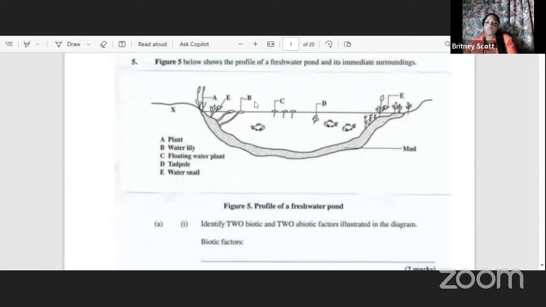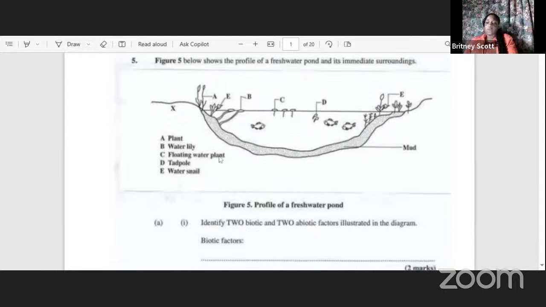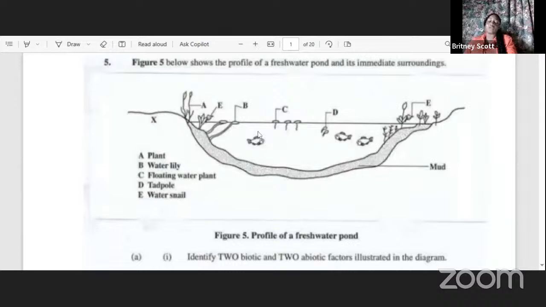Figure 5 below shows the profile of a freshwater pond and its immediate surroundings. Identify two biotic and two abiotic factors illustrated in the diagram. By looking at the diagram, can we identify two abiotic and two biotic factors?